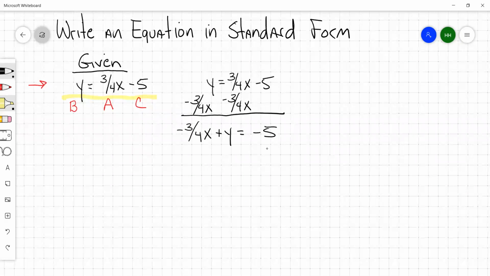But I forgot to give you some of the directions here. Write an equation in standard form, then there's a comma. You have to say use integer coefficients.